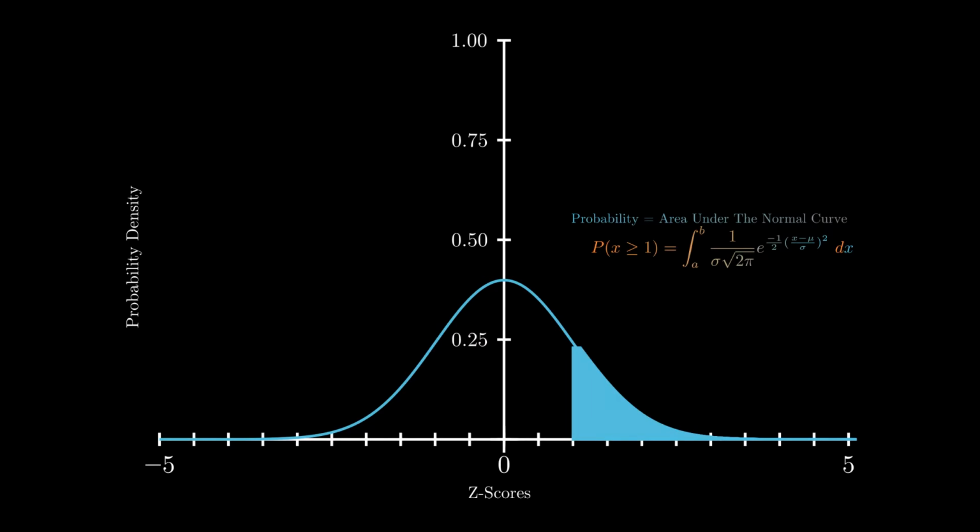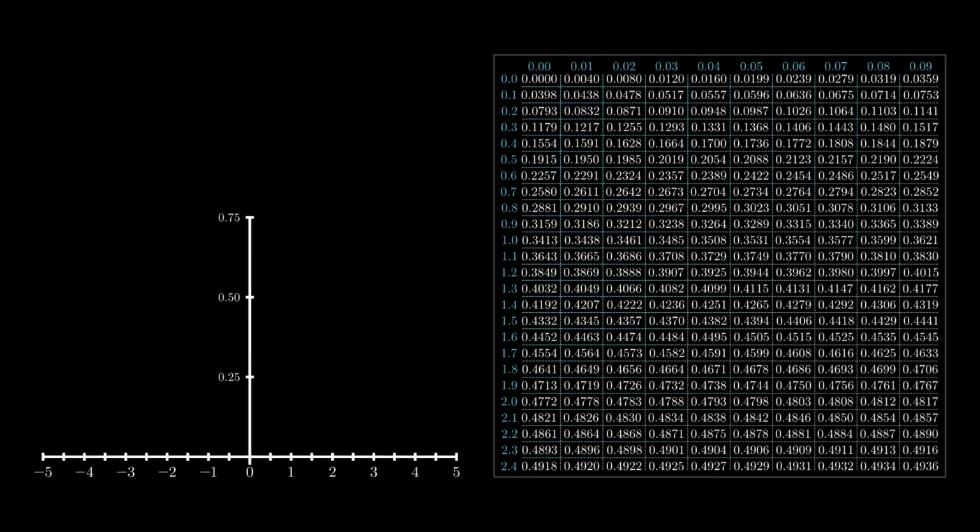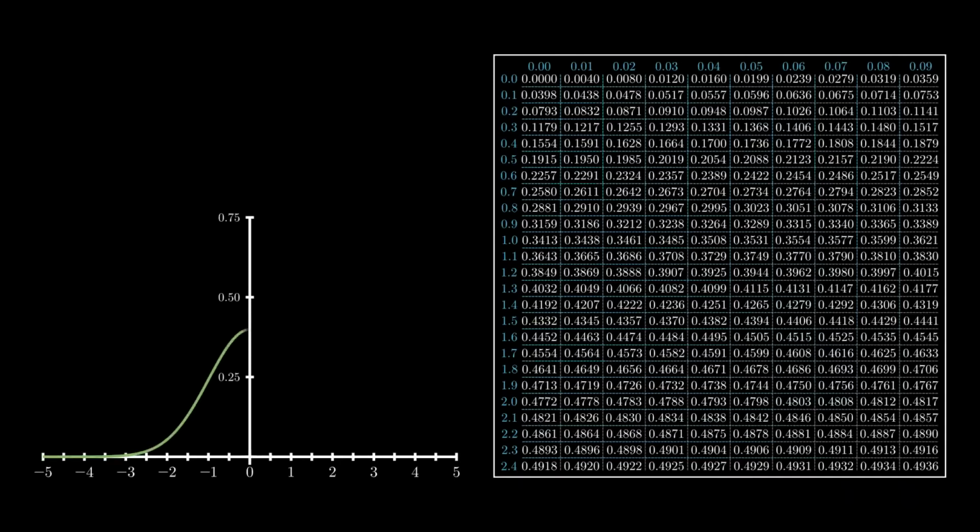So statisticians have introduced the z-table, which utilizes the z-scores or z-values to find the corresponding areas under the normal curve. What we're going to do is to list all the elements of the z-table on the right and graph the normal distribution, or the standard normal distribution, on the left. Suppose you want to find out the probability that z is greater than or equal to 1.25.